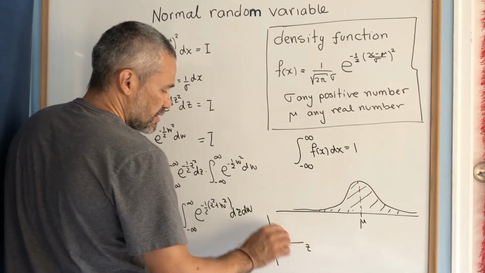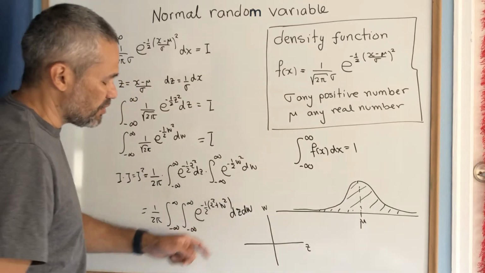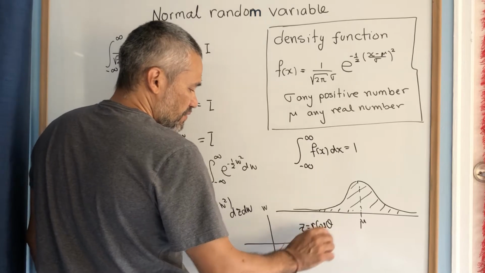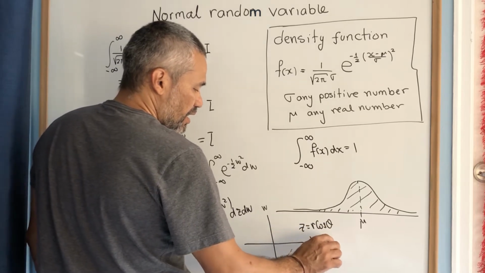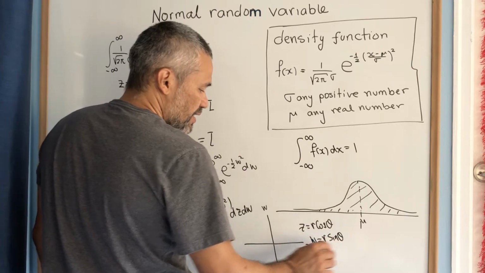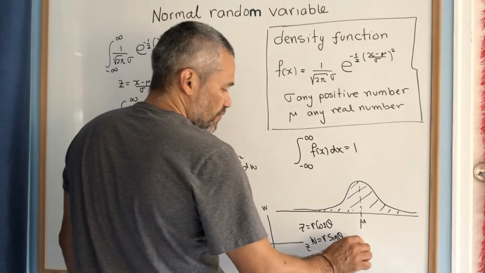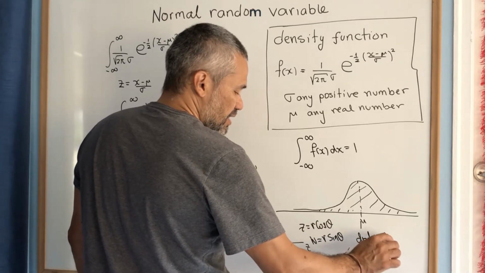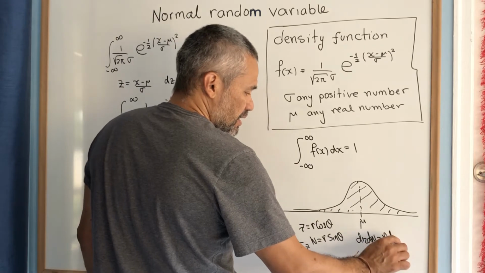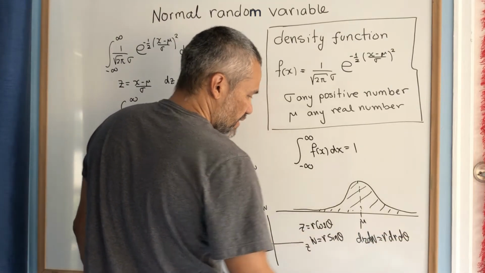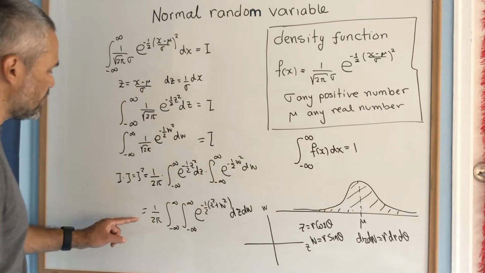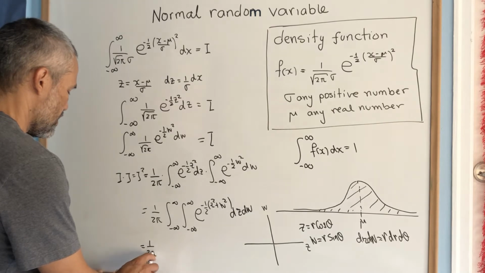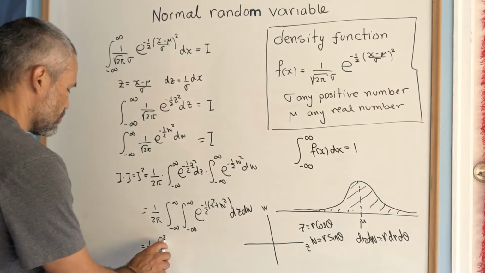But then we can think about the plane c-w, and we can think about the change of coordinates: c equals r cosine of theta, w equals r sine of theta. Doing this change of coordinates, we compute the Jacobian. We get that dc dw is just r dr d theta, and then this integral becomes 1 over 2 pi, the integral from 0 to 2 pi.